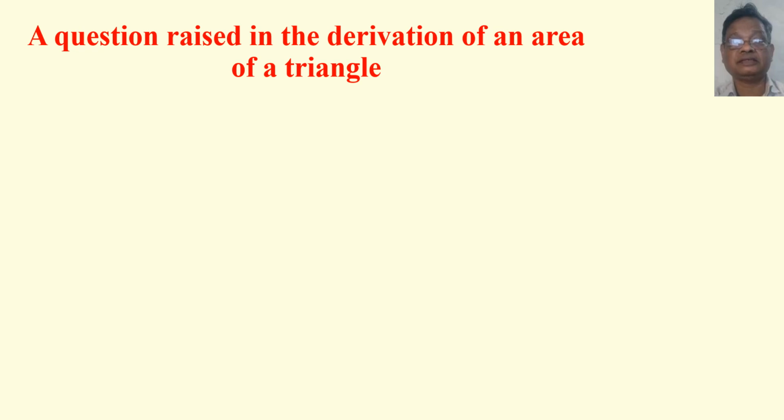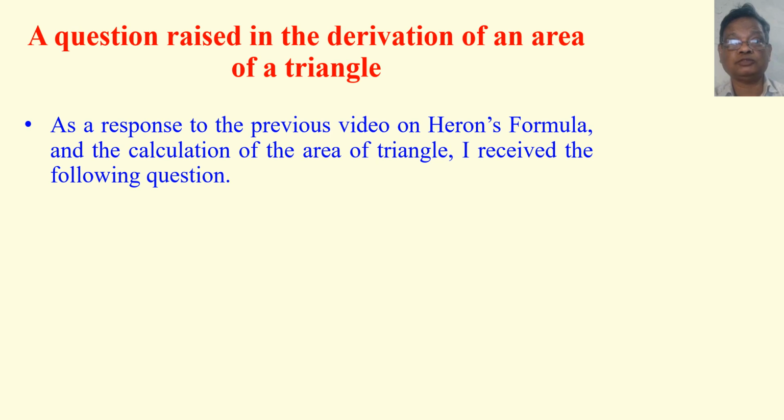A question raised in the derivation of the area of a triangle. As a response to the previous video on Heron's formula and the calculation of the area of a triangle, I received the following question.